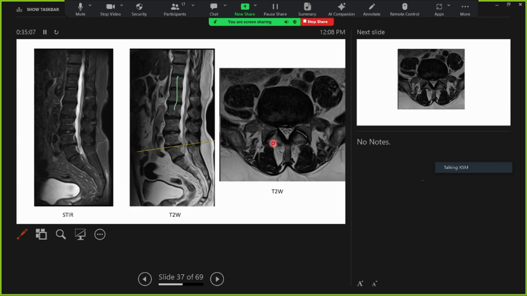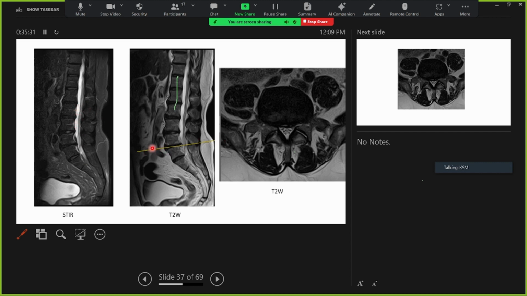So this is a lumbar spine, STIR and T2 weighted sequences, sagittal and T2 weighted axial sequences of a patient with degenerative changes. You can see all the lumbar intervertebral disc heights are reduced and darker in color and bulging anteriorly and posteriorly. You can see a zigzag pattern in the thecal sac, that is impinging the thecal sac.